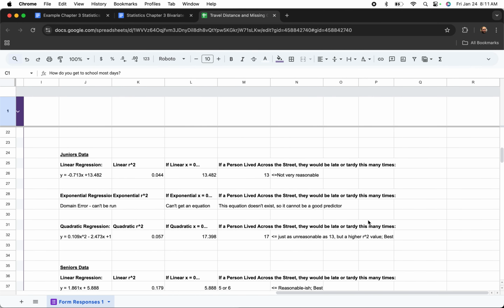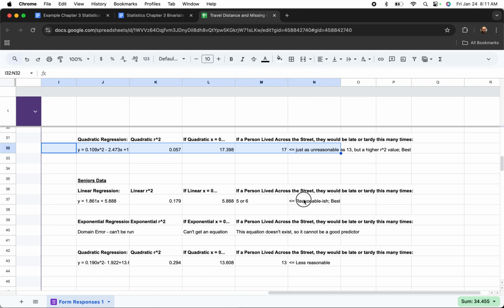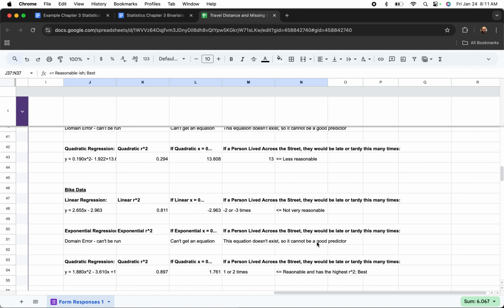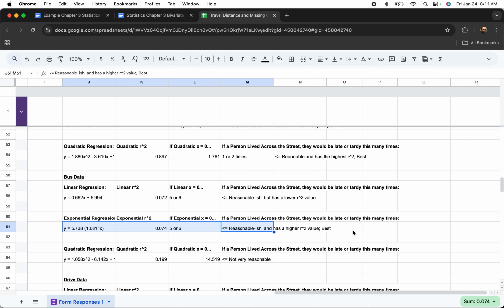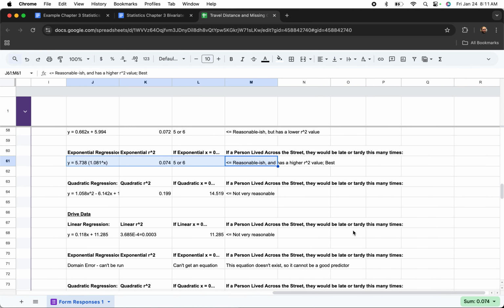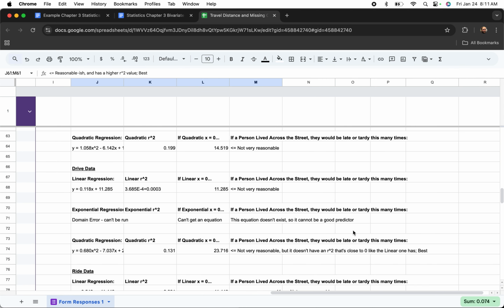So for my juniors who answered, the quadratic regression was best. For my seniors, the linear regression was best. For people who bike, the quadratic regression was best. People who take the bus, we actually could get an exponential regression from them, and their exponential regression was the best predictor there.